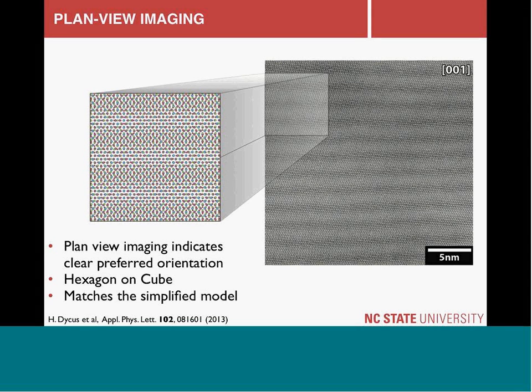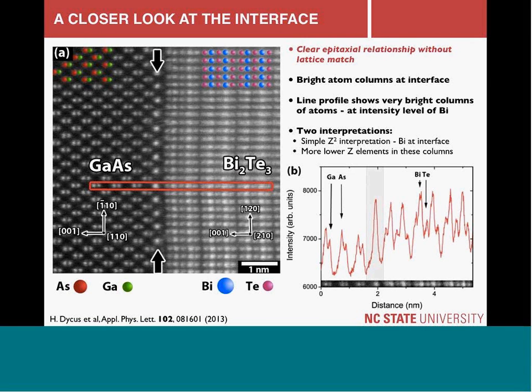Bright lines correspond to a high density of atoms. We're seeing that fringing exactly as you would expect from a very specific model. All right, those are laying right on top of one another. Cube. Okay.